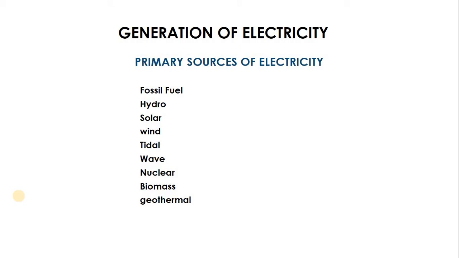Fossil fuel is usually obtained from prehistoric remains of plants and animals deep in the earth. And so we could have coal as one. We also have oil, and we also have gas.